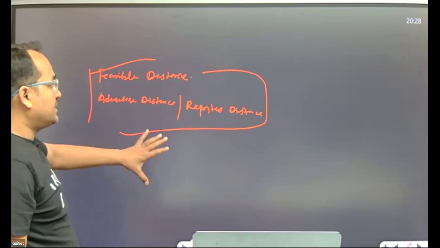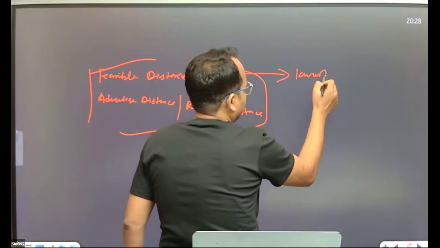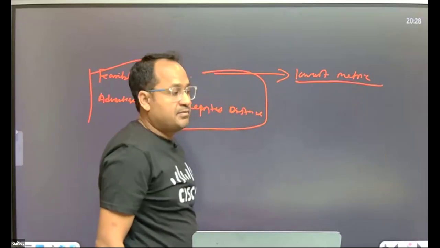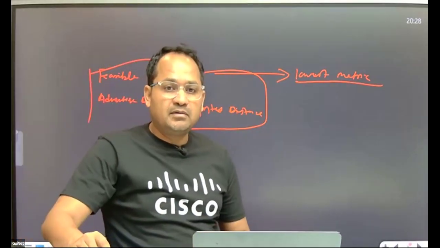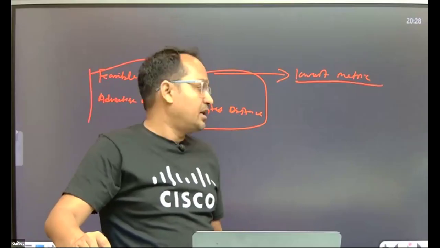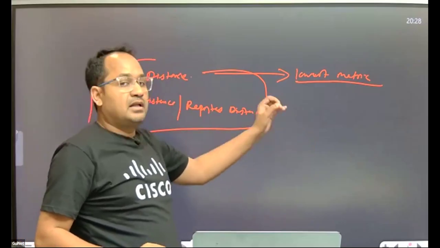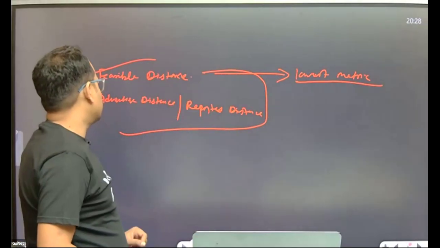My feasible distance is the lowest metric for any destination. Nothing more than that. Whatever my PC uses to reach any destination via any routers, the lowest path is going to act as my feasible distance.